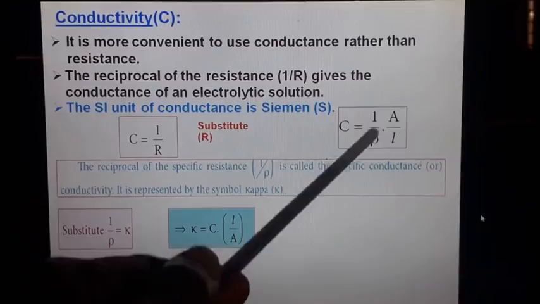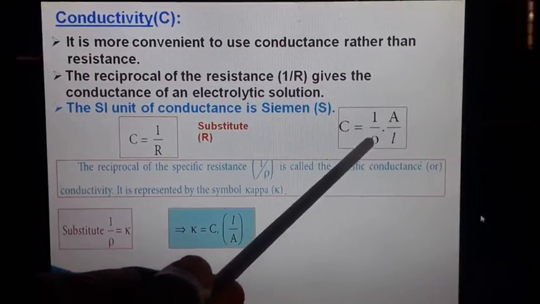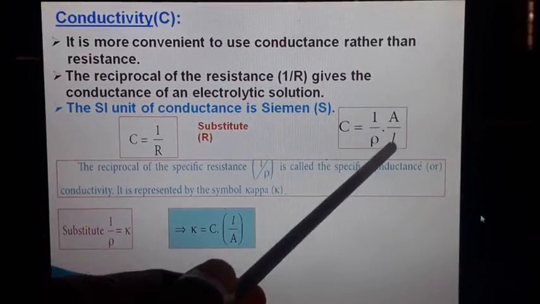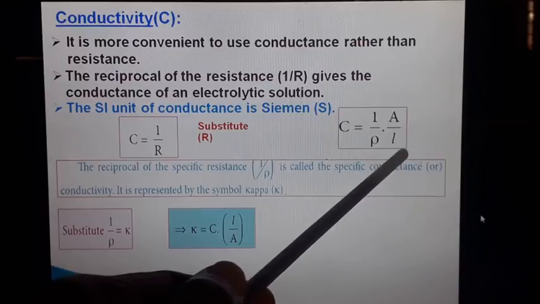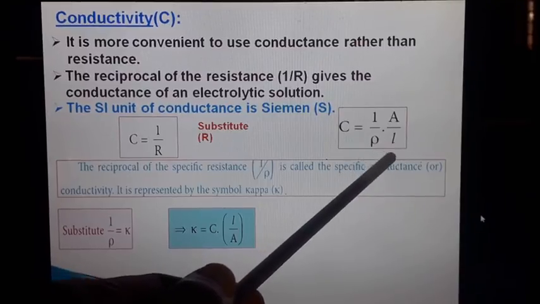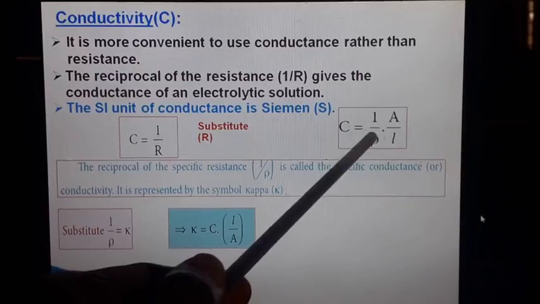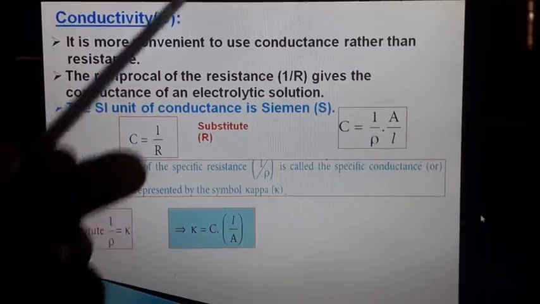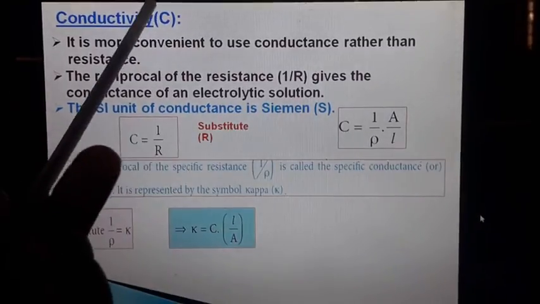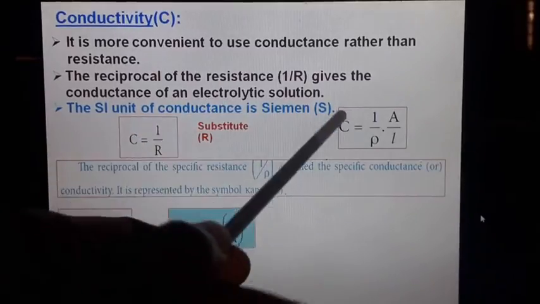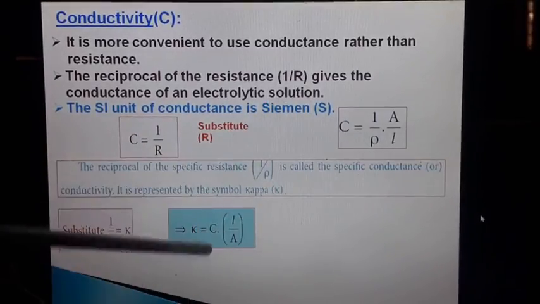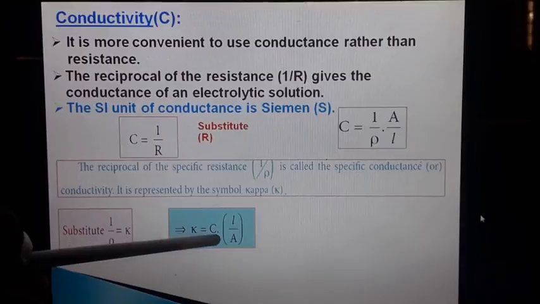Since 1 by rho is kappa, C is equal to kappa into A by L. Now I want kappa, so bring L by A to the other side. So kappa is equal to C into L by A. Understand?